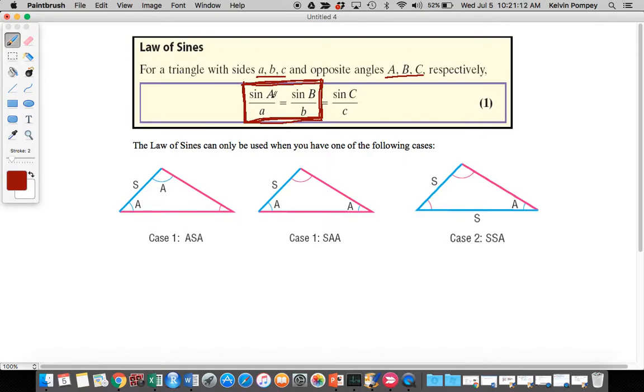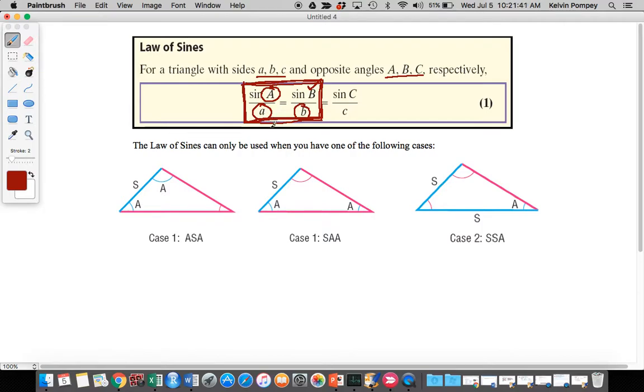For instance, I can only use the law of sines if I know, for instance, measure of angle A, side length a, and let's say side length b. All right. By knowing those three things, then I have enough information to find that missing piece right there. Or I can know b and one of the A's, and then I can use this law of sines to help me find the other A that I'm missing, right?